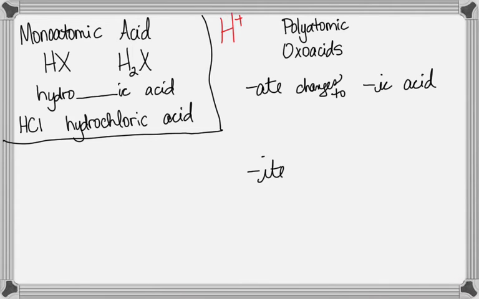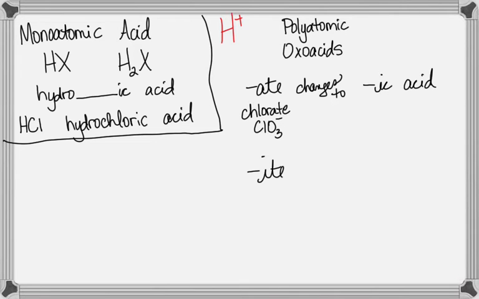Name a polyatomic ion that ends in -ate. Chlorate. What's the formula for chlorate? ClO3 with a -1. Yes? Okay. Chlorate. Put an H plus with that and swap and drop it.